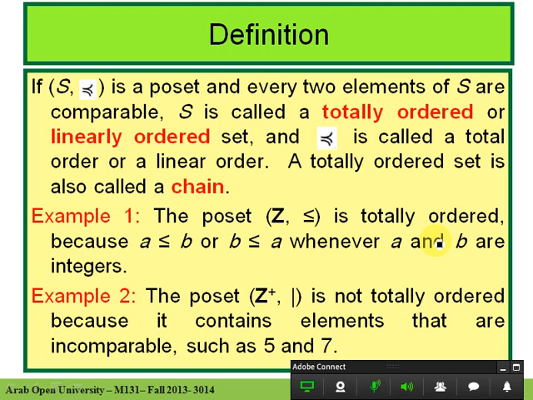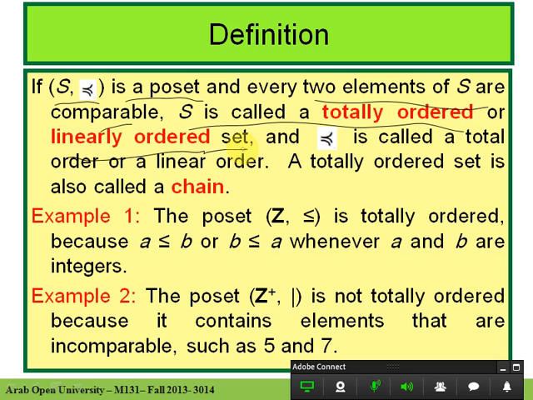If a relation S is a poset and every two elements of the set are comparable, then S is called a totally ordered or linearly ordered set.